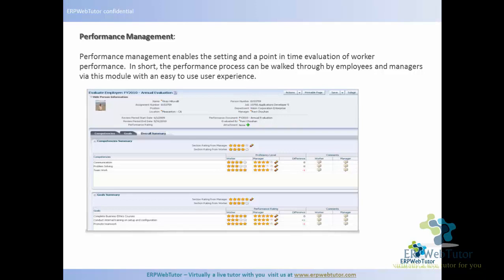You can use the ratings against the goals. You can use the ratings against competencies for an employee. Depending on how you configure, there could be self ratings where the employee is allowed to rate himself or herself, and then send it to the manager. Then the manager can review those and rate the employees.